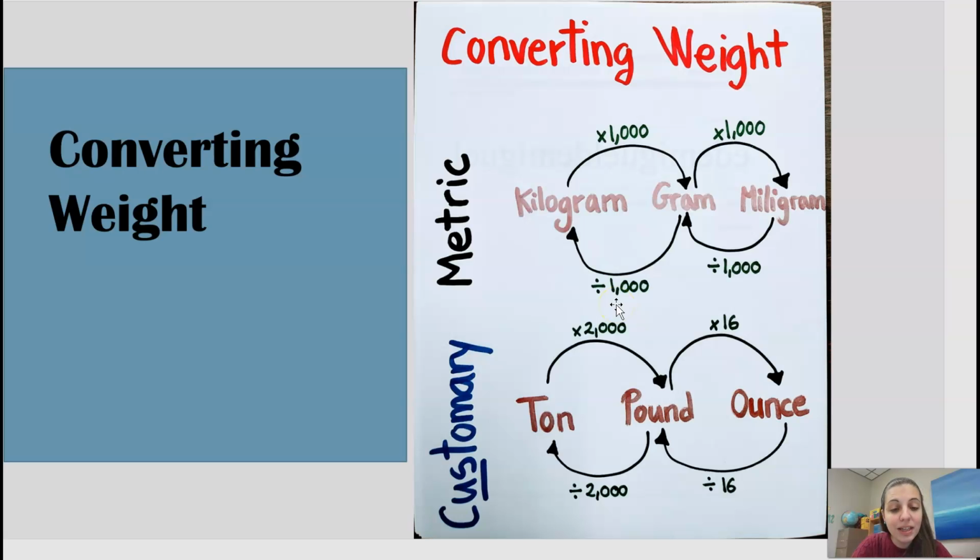The same strategy we are going to use when we want to convert, like if you have 5 pounds and you want to convert 5 pounds into ounces, you have to multiply 5 pounds times 16. Then you will have the result, how many ounces there are in 5 pounds. So you can stop the video, copy the anchor chart, and let's go.